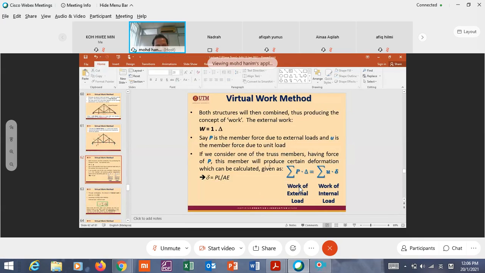I will try again later. But this one, I want to just give some revision on truss analysis.